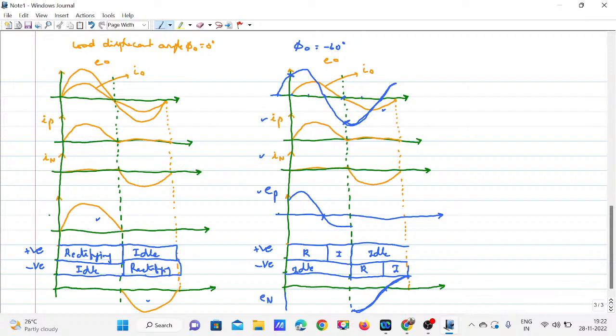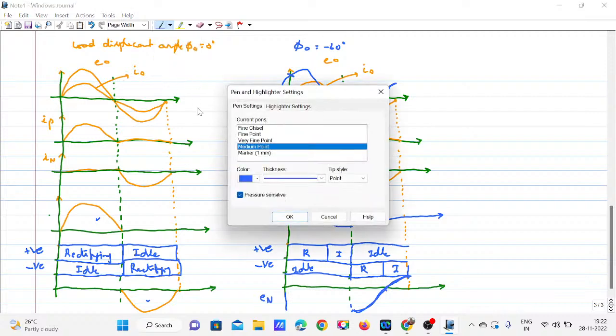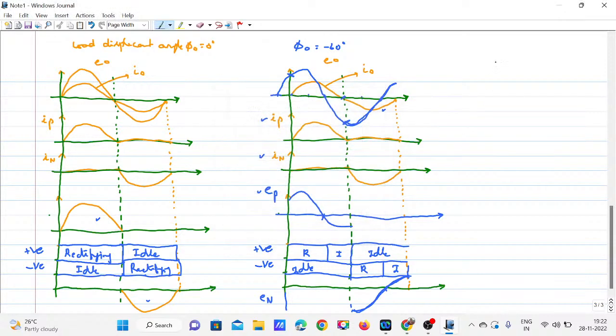Now coming to plus 60 degree. So what will happen if it is plus 60 degree? Okay, so let me draw now. You just observe. Same thing I want to draw once again, so that you can get more idea on it. So same thing I want to draw, phi naught equal to plus 60 degree. So first I want to draw the current.